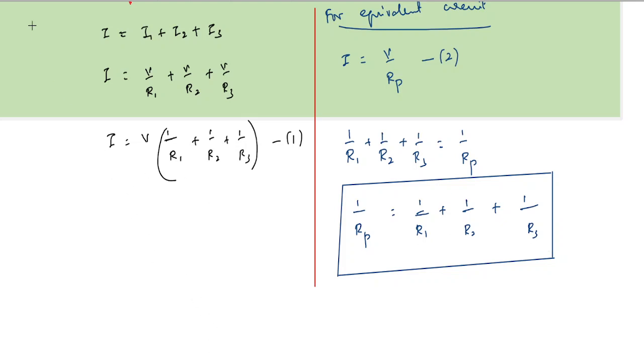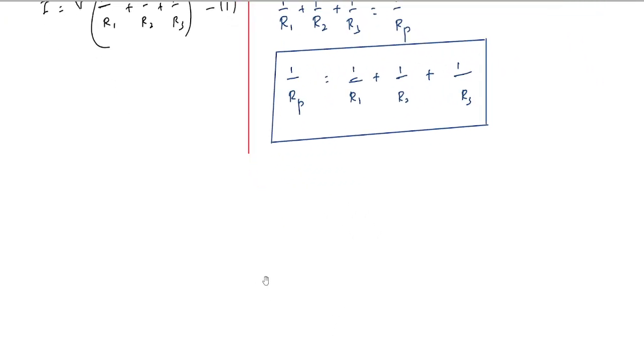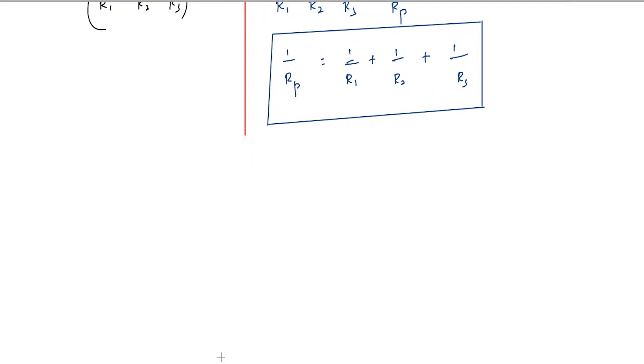So we can say that the reciprocal of equivalent resistance is equal to sum of reciprocal of each resistances. So effectively, in parallel combination, this Rp will be less than the least of the resistances.